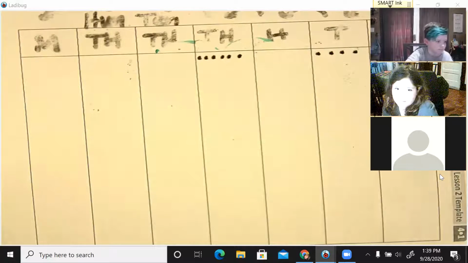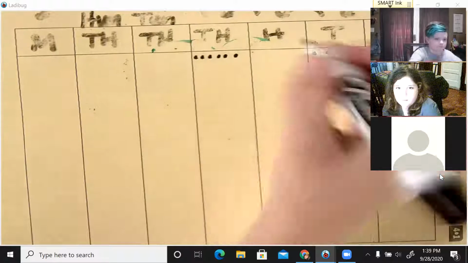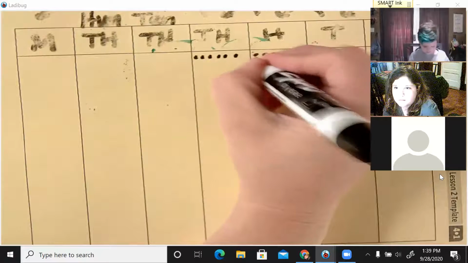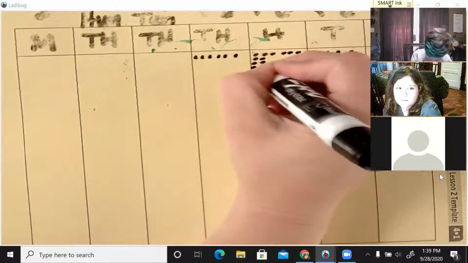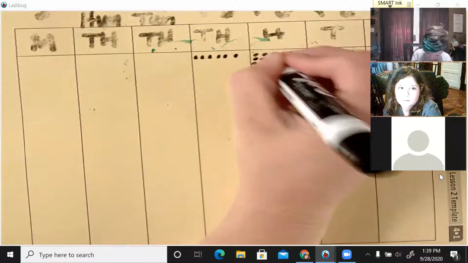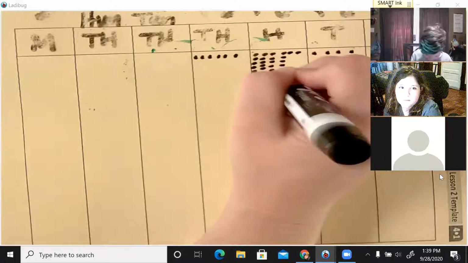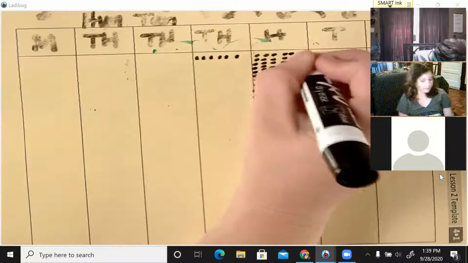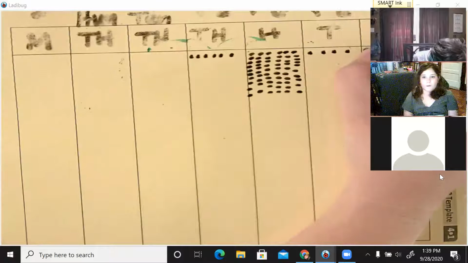Okay, so we're going to work backwards. So now our 6,000s, we're going to unbundle them in the hundreds place. Same thing with the 10s. We're going to unbundle those 4 10s in the ones place.